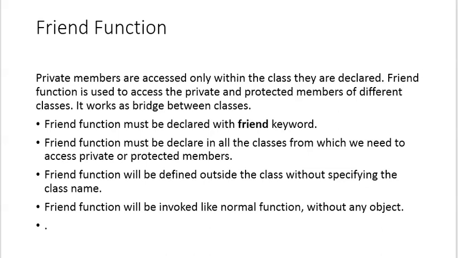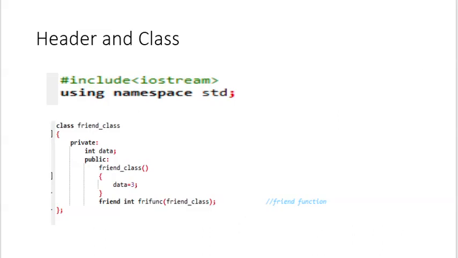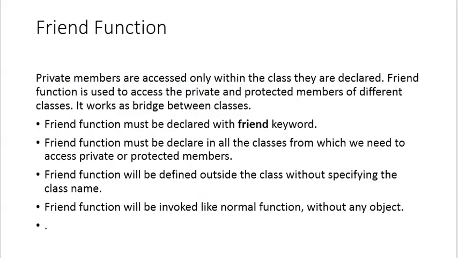A friend function must be declared in all the classes from which we need to access private or protected members. A friend function will be defined outside the class without specifying the class name. Just define it outside the class, and you do not have to mention the name of the class. A friend function will be invoked like a normal function without any object.